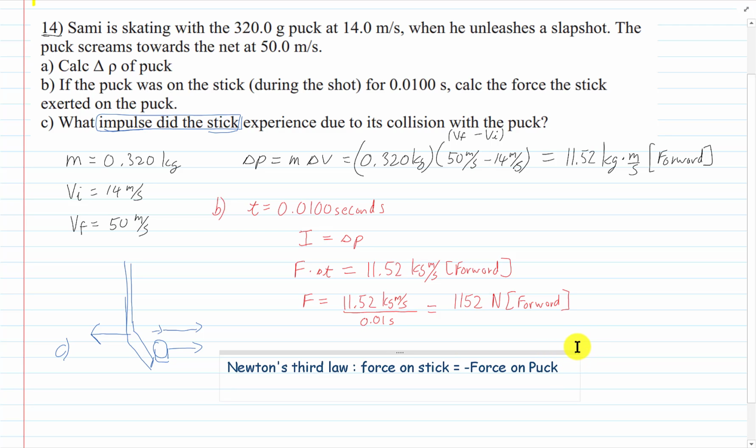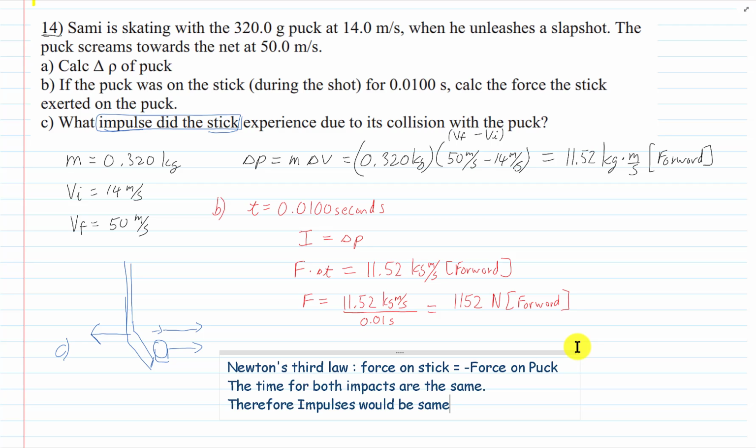And the times for both of the impacts are the same. Therefore, the impulses would be the same but opposite.